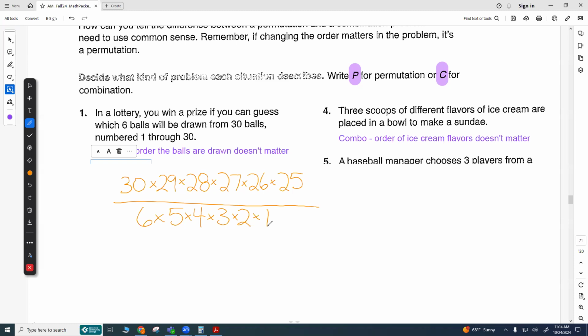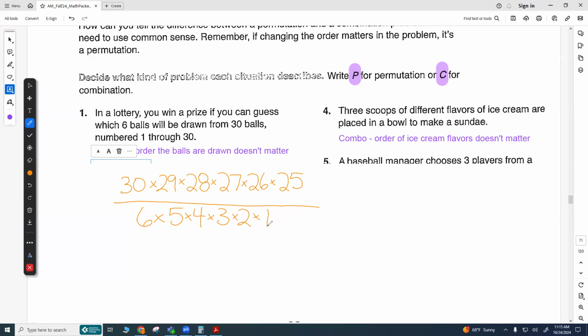Does everyone see how I set up the combination? And then 6 times 5 times 4 times 2. So you have 42,710,000 divided by 720. Yep.